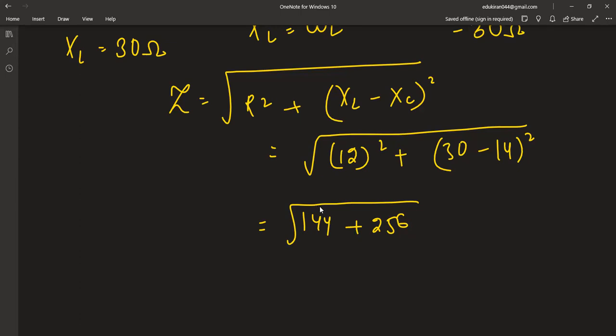So under root 400. So impedance is equal to 20 ohms.